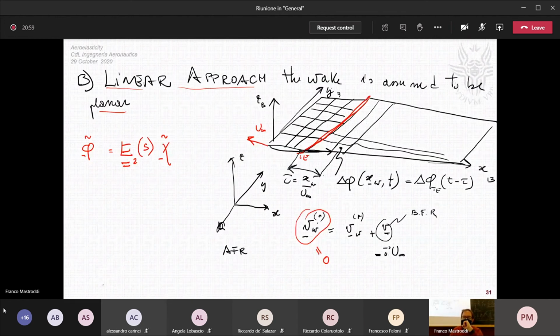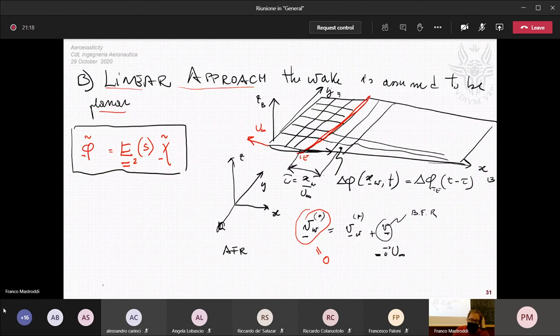After this, we are going to propose a linearized approach, which is the approach that we will currently consider in our application. Essentially, we want to find a matrix connection between our m by 1 vector, the potential, and this m by 1 vector, the normal wash vector, and these two vectors are the Laplace transform of the time vectors.